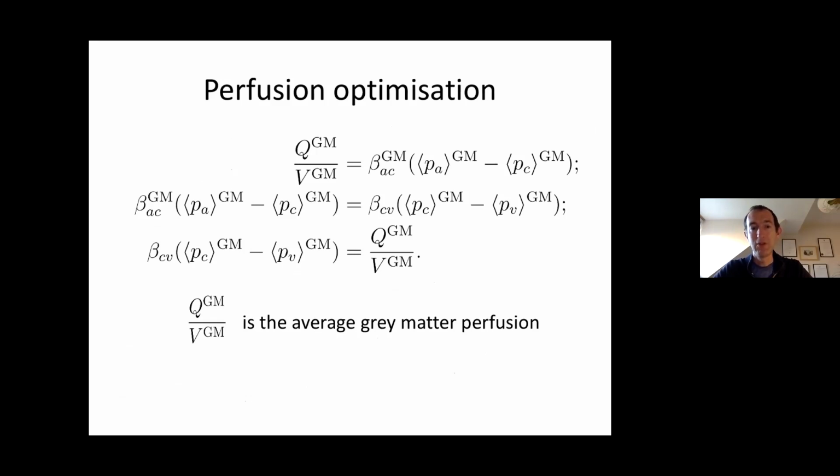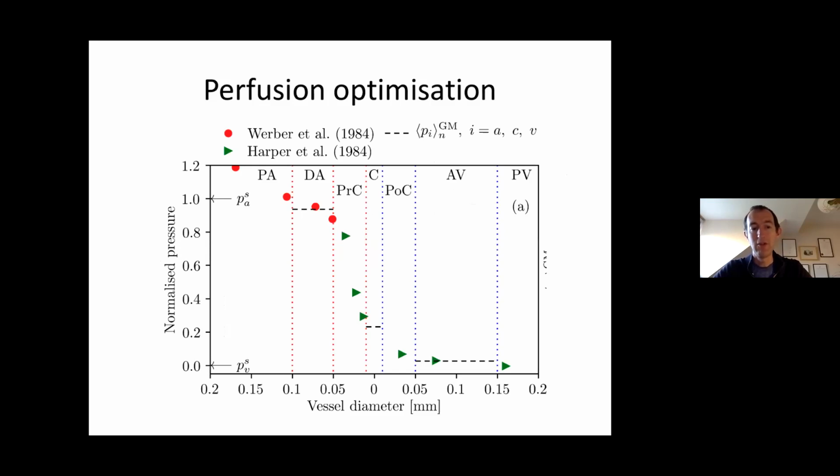And there are some constraints upon this, because we know roughly what pressure drops are, we know roughly what flows are, and we know that everything must be conserved in the steady state. So this enables us to match the perfusions in the grey matter and the white matter, and to ensure that perfusion is conserved. And then we can use some pressure distributions to get an idea. This is experimental data which we've used.